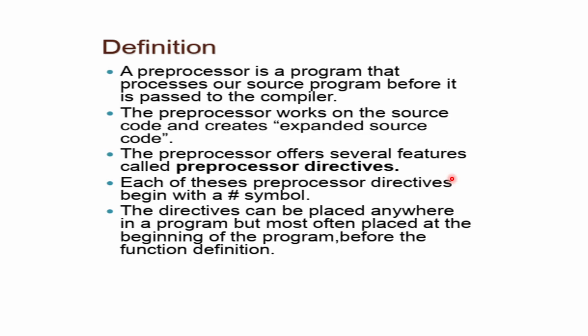There is a specific way to recognize where the preprocessor directives are. These preprocessor directives are started by the hash symbol. Till now, without any knowledge of preprocessing, you have used a preprocessor directive because you have written hash include stdio.h or hash include conio.h.